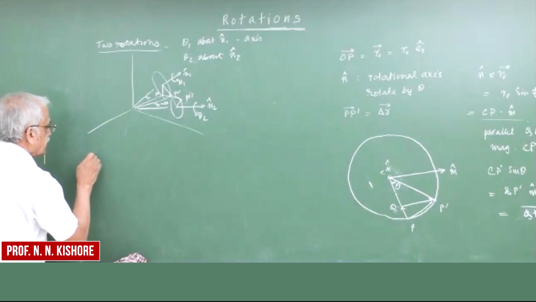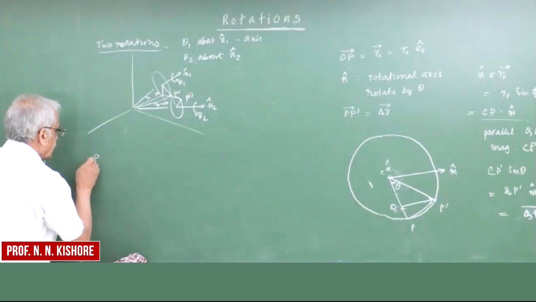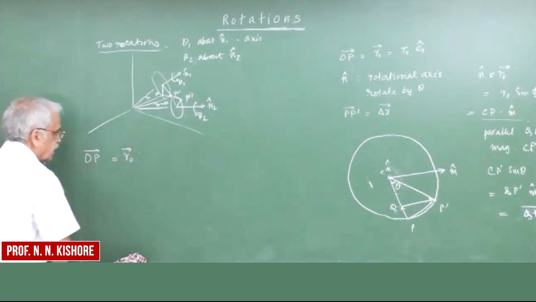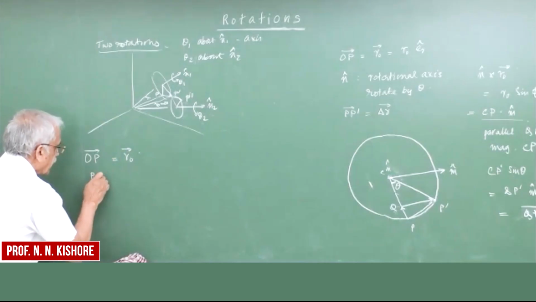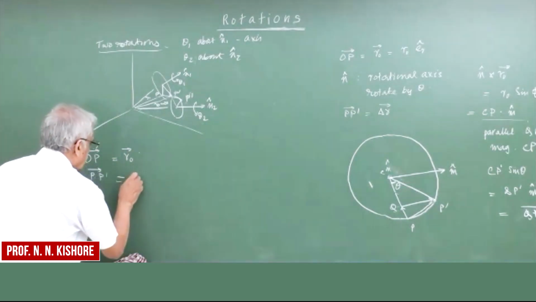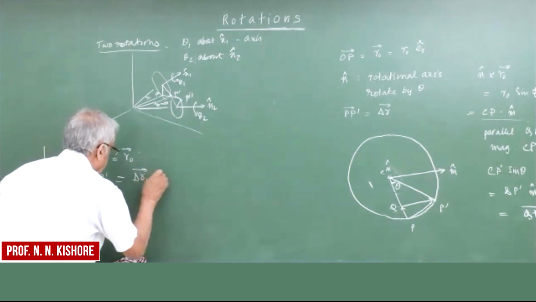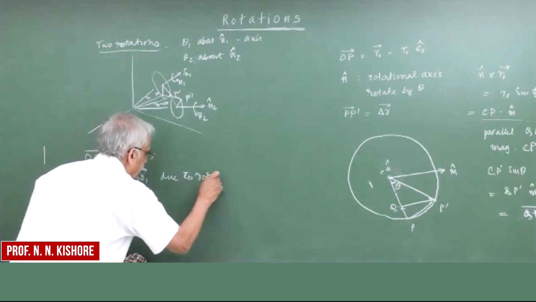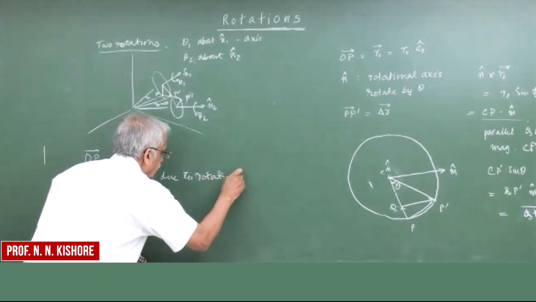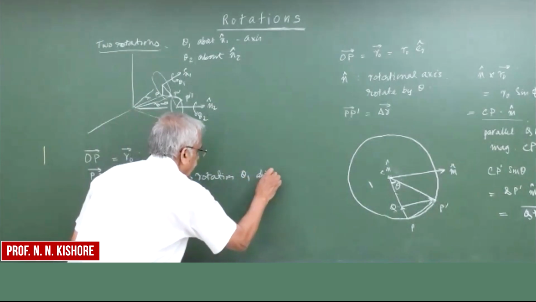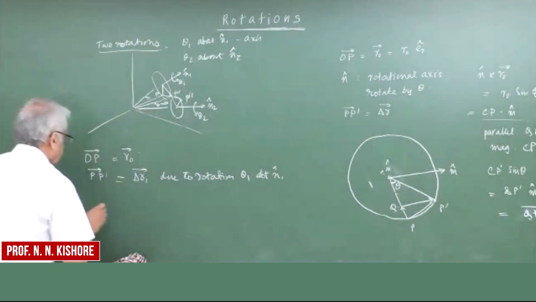So that means that OP is originally R0 and P prime is delta R1 due to rotation theta 1 about N1. I'm just writing it again.